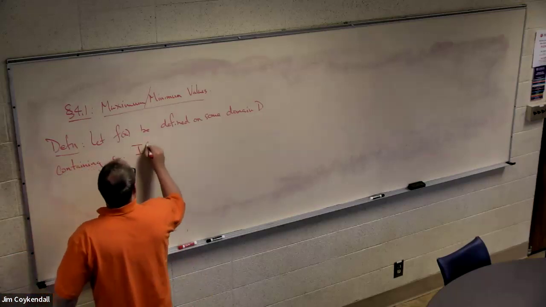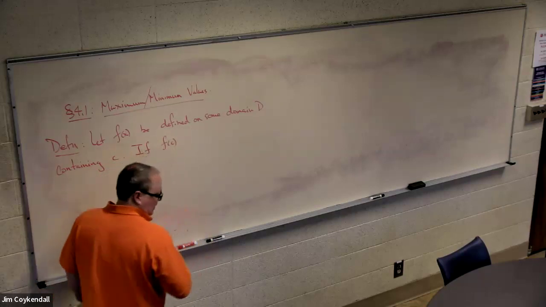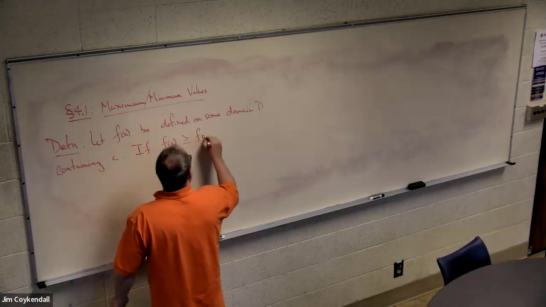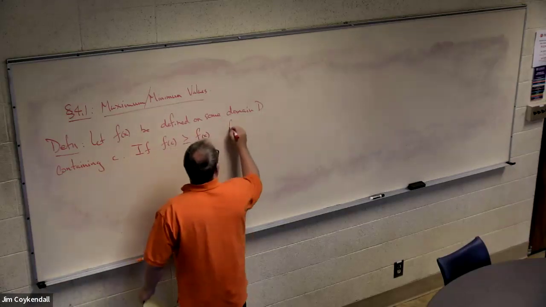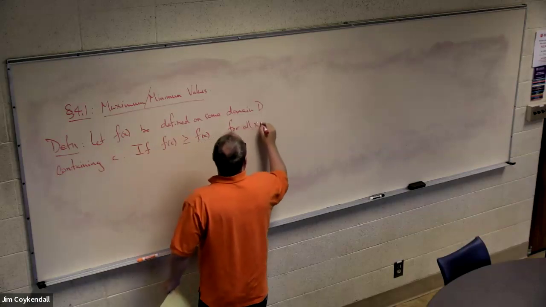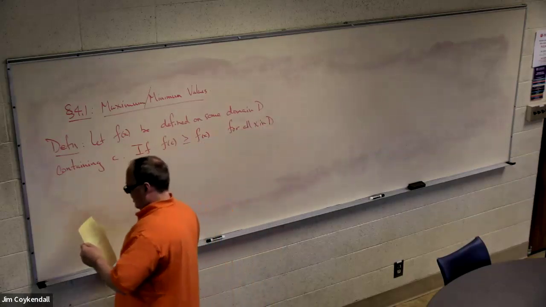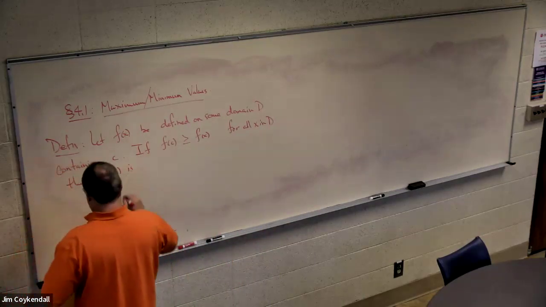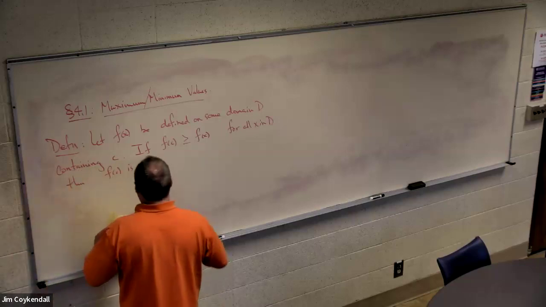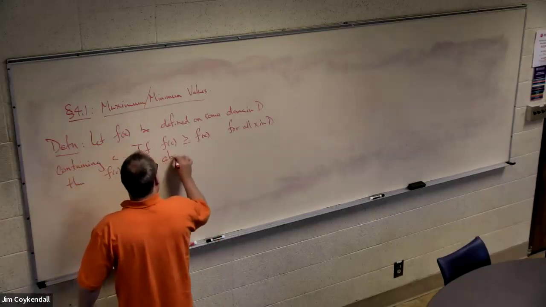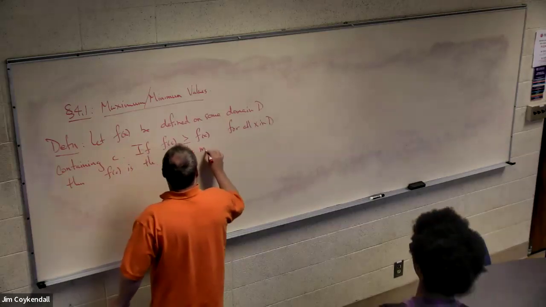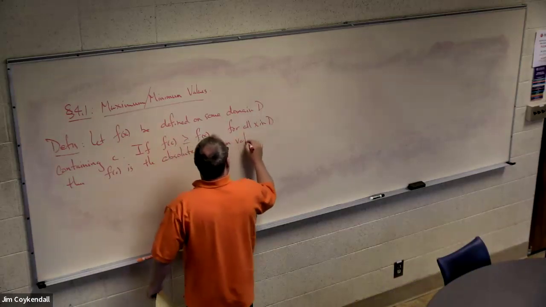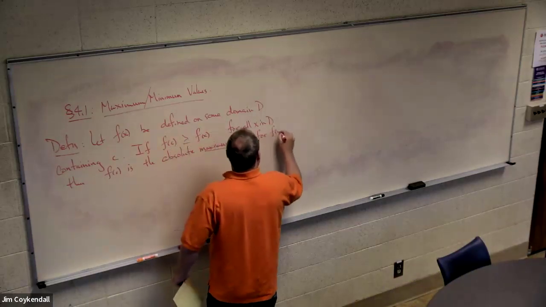If the value of the function at C, so when you plug in, you get your y coordinate for C, happens to be greater than or equal to every other value of the function for all x in D, then the y coordinate here is the absolute maximum for f of x.